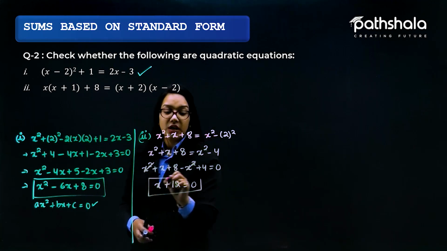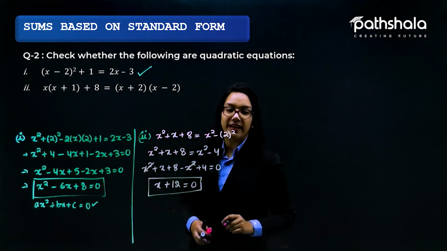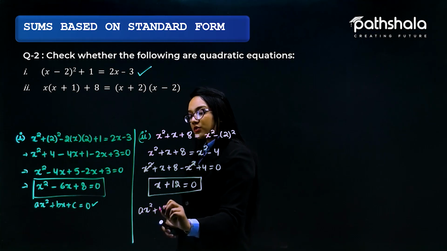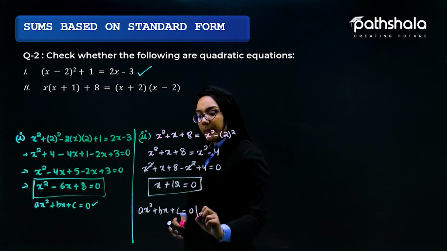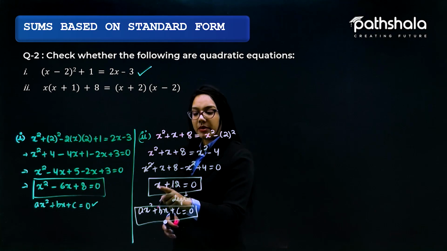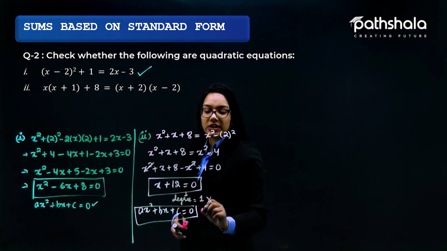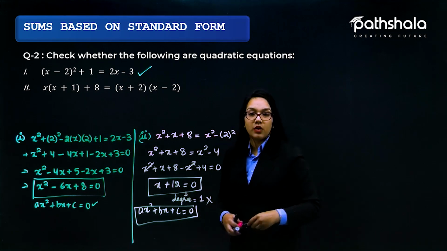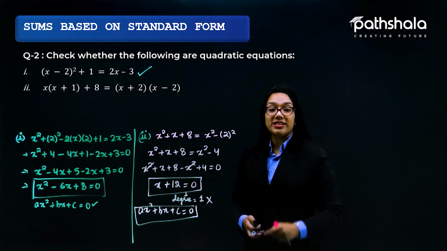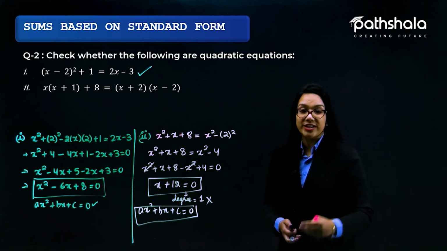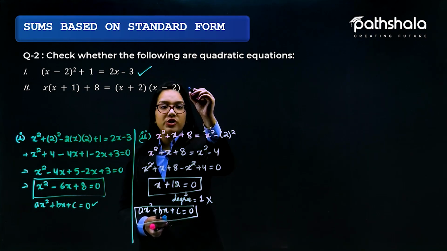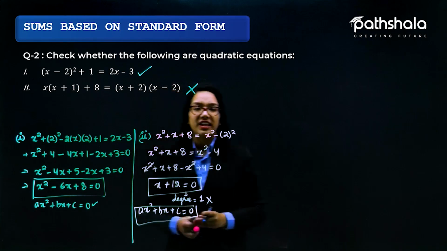So after solving the second part, we are getting x plus 12 is equal to 0, which is definitely not of the form ax square plus bx plus c is equal to 0, because the highest degree of the variable x is nothing but 1. So this is definitely not a quadratic equation, because in a quadratic equation the highest degree of the variable is always 2. It means this is not a quadratic equation.